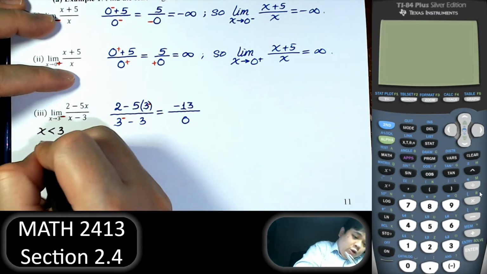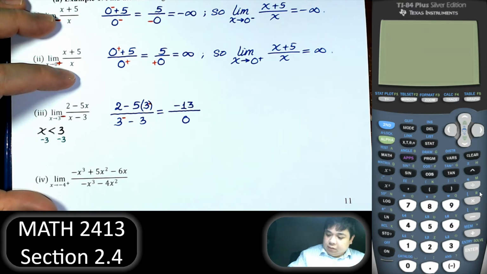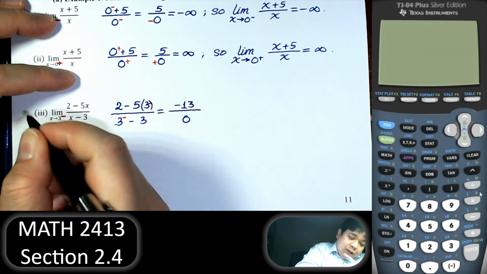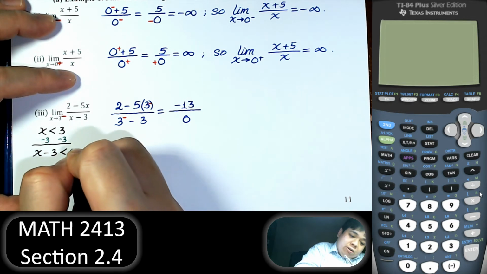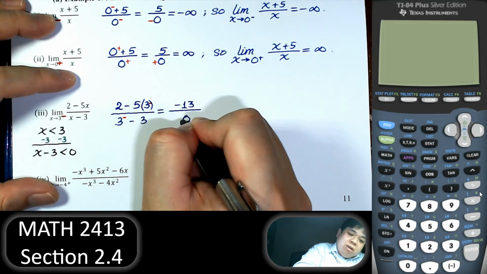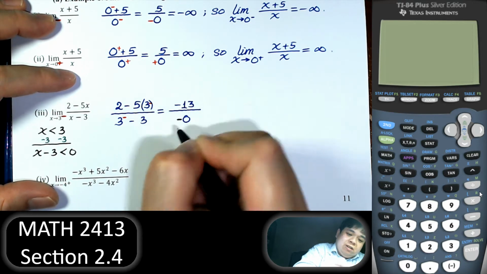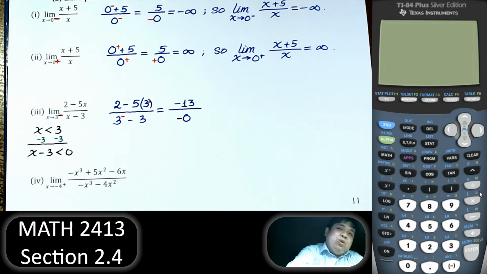Now if we subtract 3 on both sides, we have x minus 3 less than 0. So we have x minus 3 at the bottom here. It's going to be less than 0. But we don't have to do that.